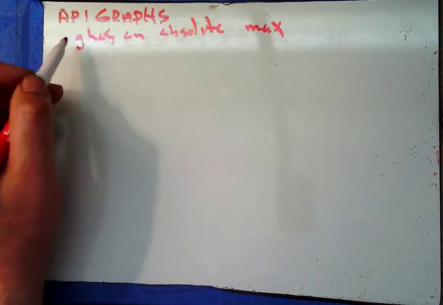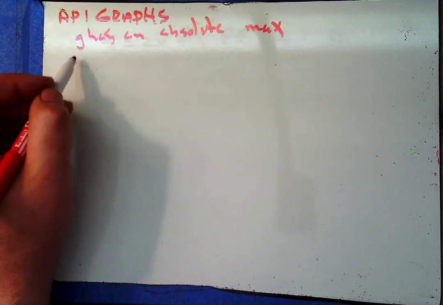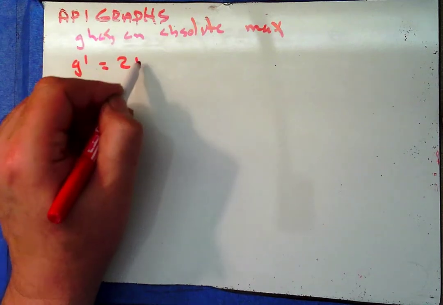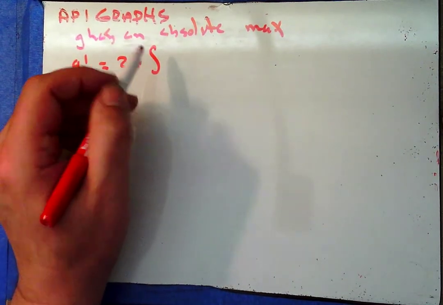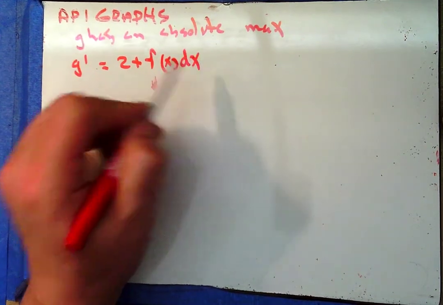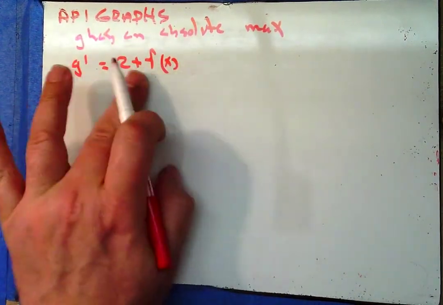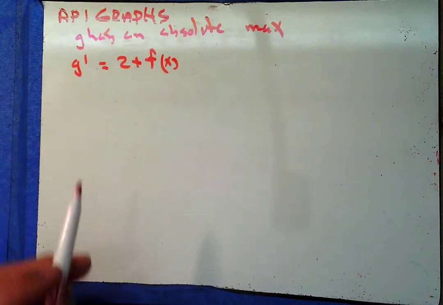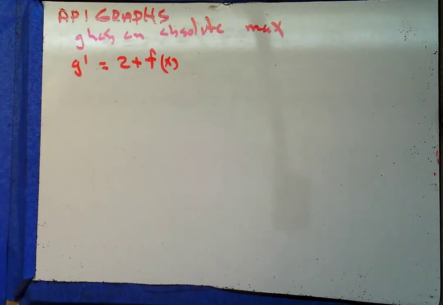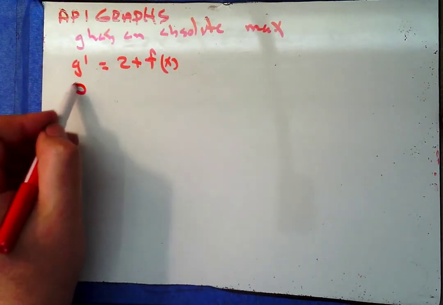So I really want to look at a g prime sign chart. G prime, we said, would be 2 plus f of x. Thank you, I can do FTC part 1. Okay, so there's our g prime, and we want to know when g prime is equal to 0.